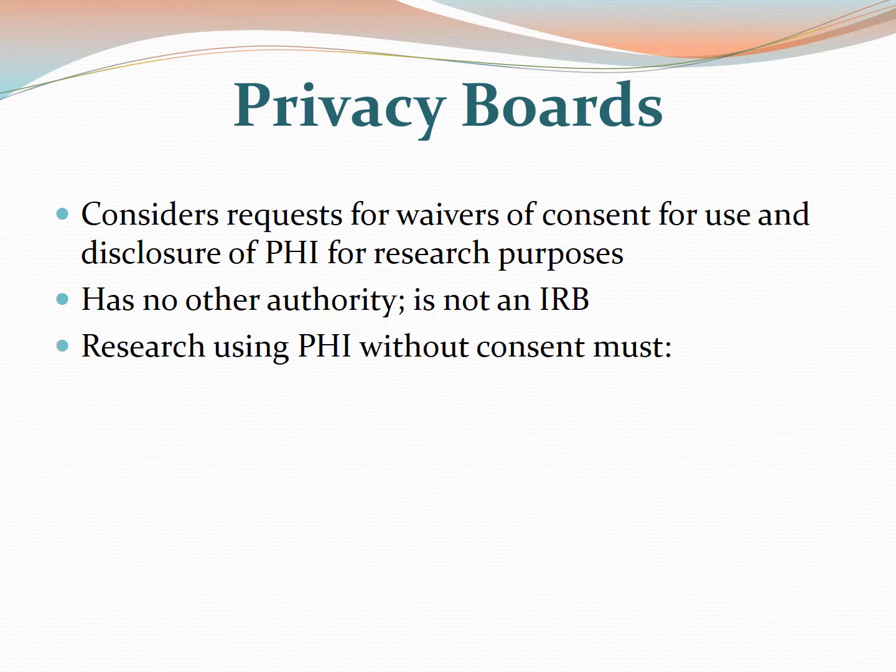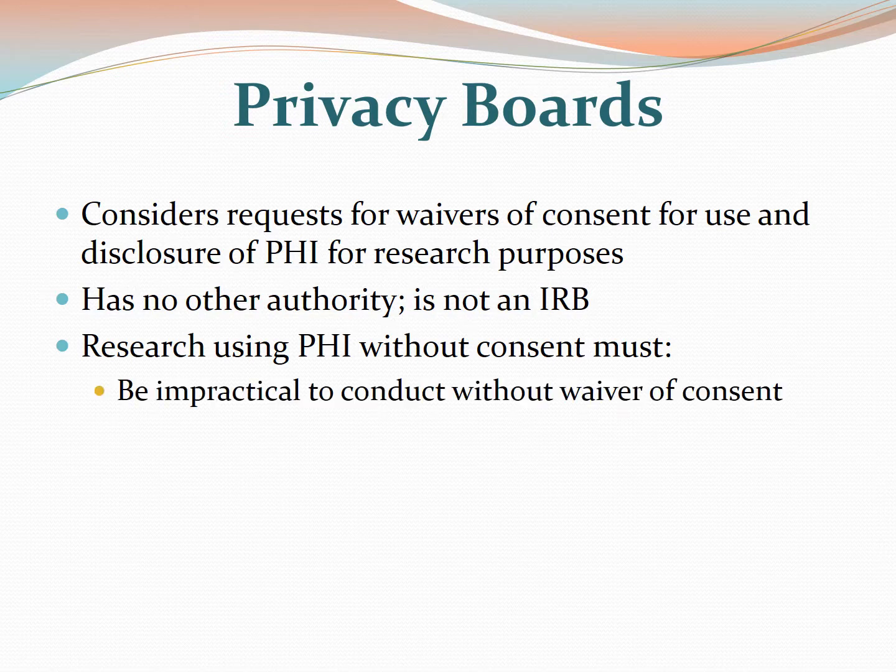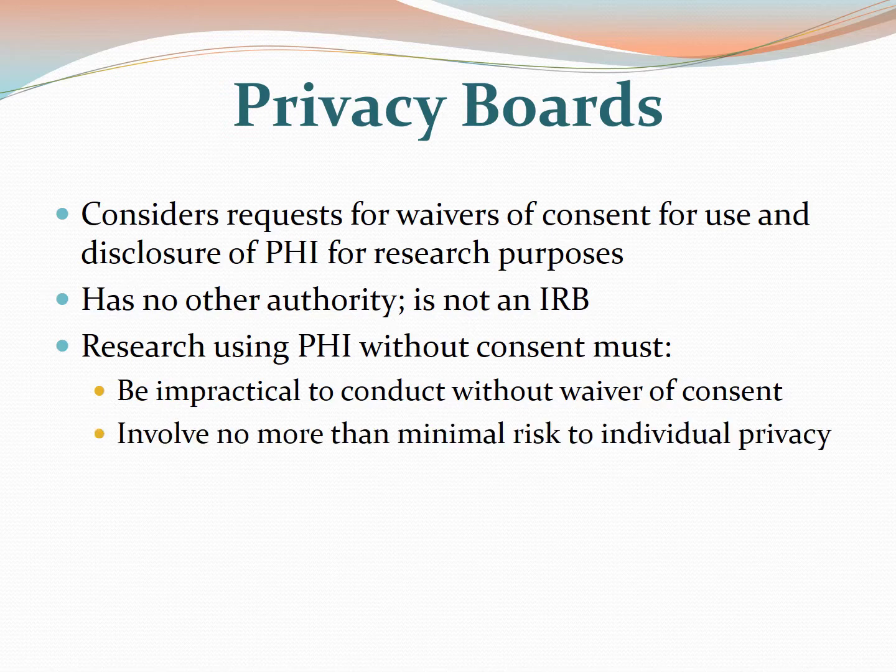So to request from either the IRB or a privacy board to undertake research using PHI without consent, some criteria have to be met. One thing is it has to be impractical to conduct the research without the waiver of consent. So you really have to make a very strong and compelling case that there's really no way around this. You also have to make a compelling case that it involves no more than minimal risk to individual privacy.